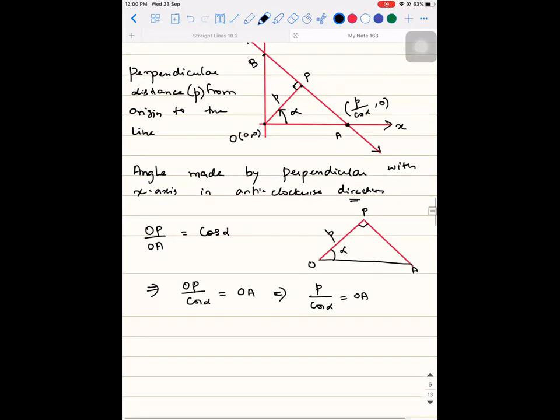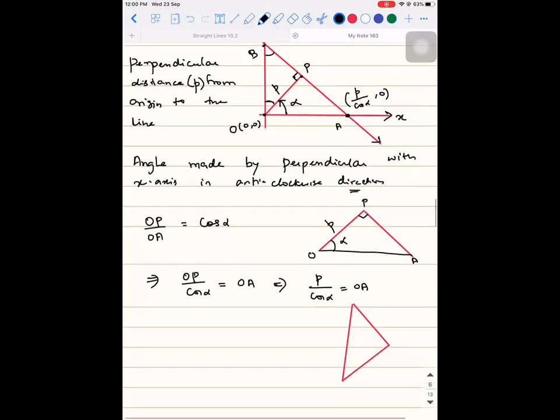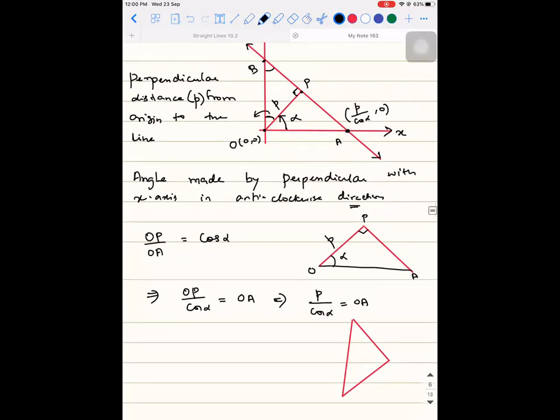Similarly, what is the other right angle triangle we can think of which involves side OB? This is 90 minus alpha. Then how much will this angle be? This is 90 minus alpha, so can I say this angle is alpha?